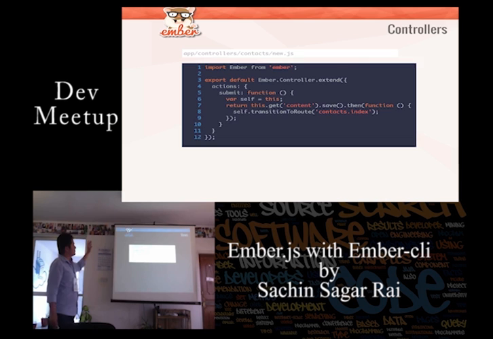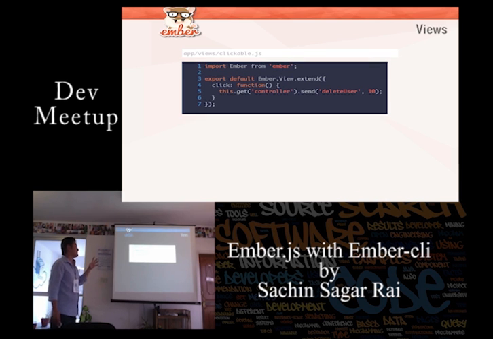So this is the view. This doesn't relate to the example I'm showing. This is just for the sake of showing what a view looks like. It doesn't have any relation to the demo I'm showing. You define views if the user interaction is complex. So before doing something, you have to set up something.